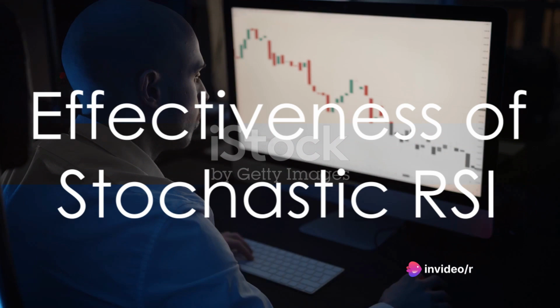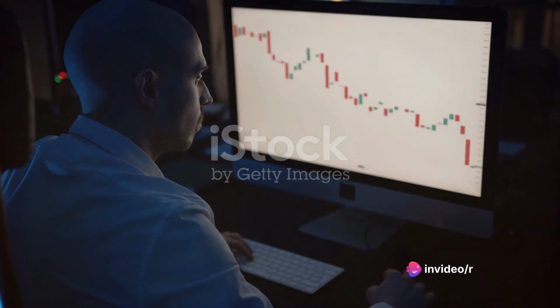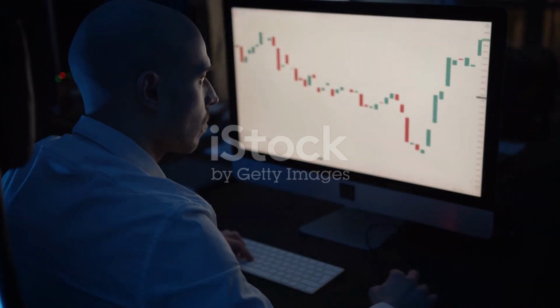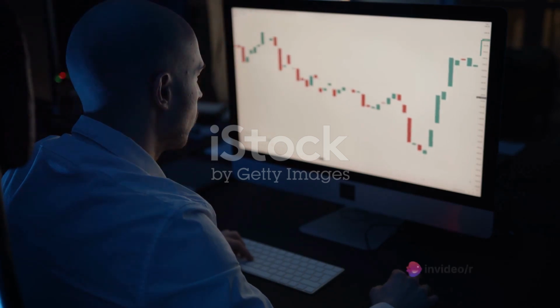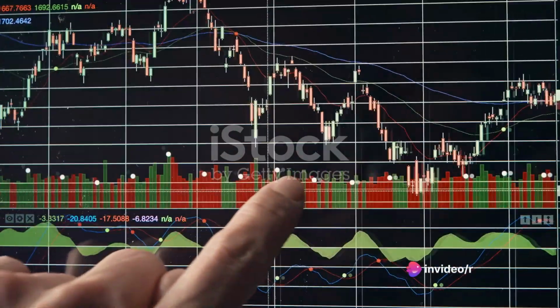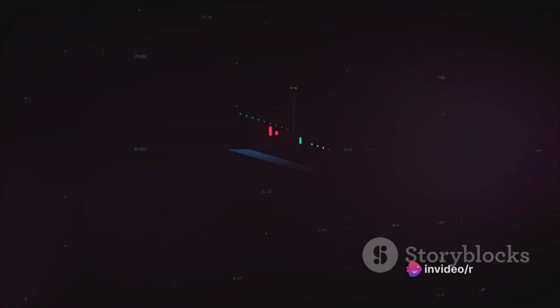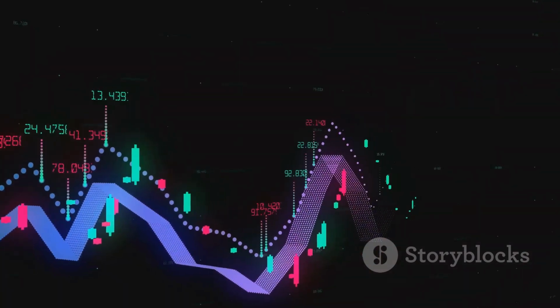The effectiveness of the stochastic RSI can vary, like any other indicator. This dynamism is due to its inherent sensitivity to the ever-changing market conditions and the unique characteristics of the asset being analyzed. The stochastic RSI is a powerful tool in the hands of traders who know how to wield it. It shines particularly bright in certain situations, such as identifying potential trend reversals.